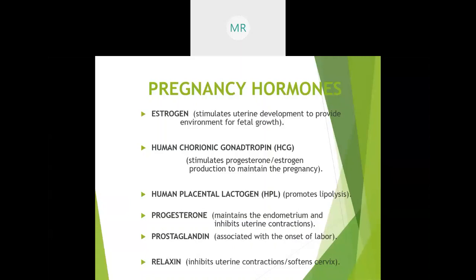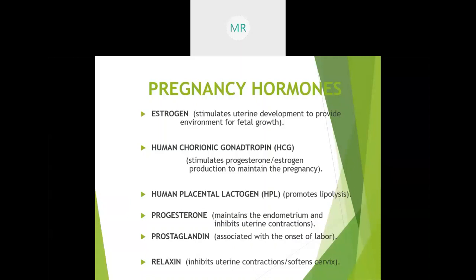And we have good old prostaglandin, associated with the onset of labor. These are lipids, and lipids are found throughout the female reproductive system. There are increased concentrations found in pregnancy. Also, when prostaglandin levels are decreased, it contributes to pregnancy-induced hypertension.